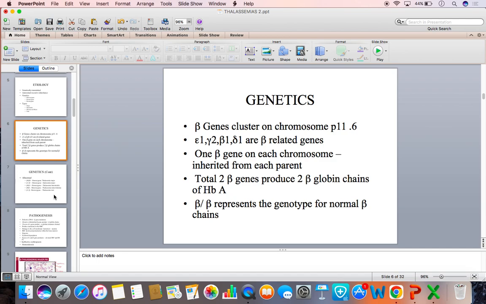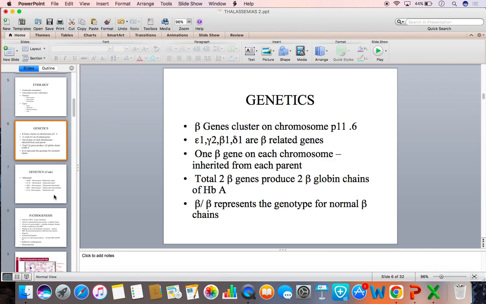There are two alpha globin chains and two beta globin chains in adult hemoglobin. And the configuration of HbA2 is alpha 2 and delta 2. B/B represents the genotype for normal beta chains.